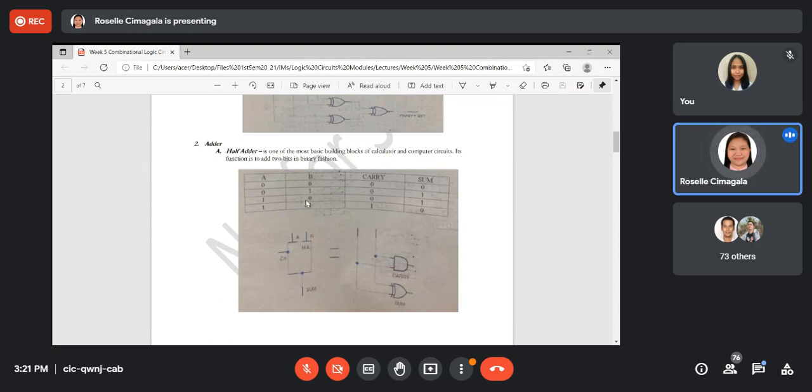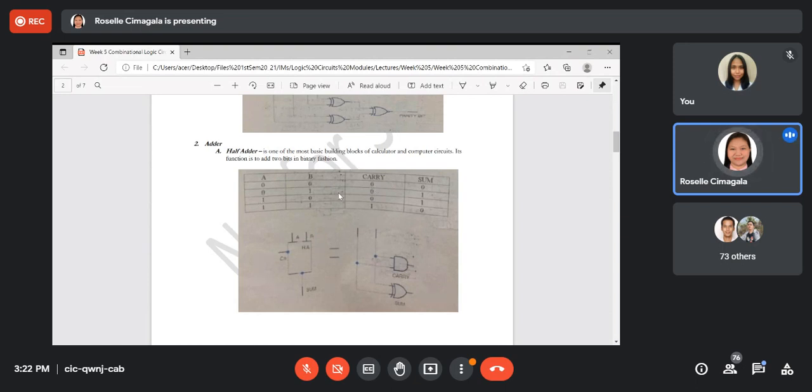If we add A and B using these input combinations, 0 plus 0, 0 plus 1, 1 plus 0, 1 plus 1, we can produce an output. We call it carry and sum. For 0 plus 0, the sum is 0, carry 0.